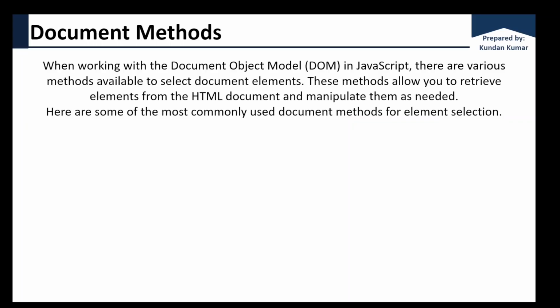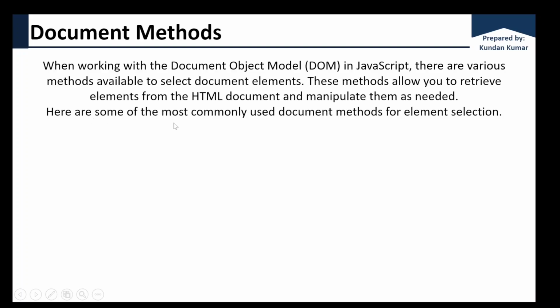There are lots of document methods available in order to manipulate the HTML DOM. When working with the Document Object Model in JavaScript, there are various methods available to select document elements. These methods allow you to retrieve elements from the HTML document and manipulate them as you need.